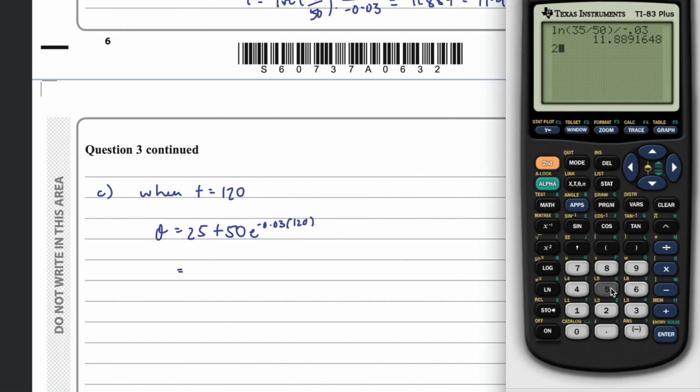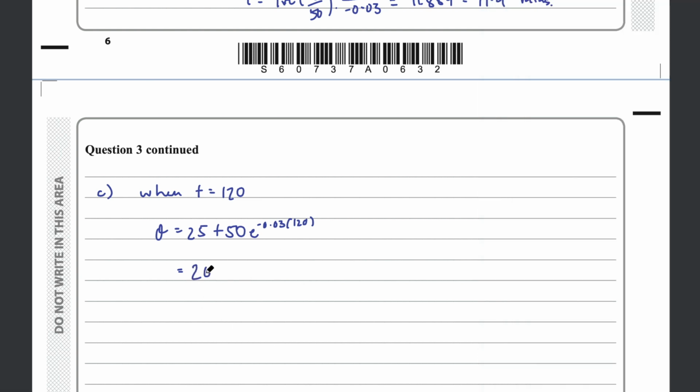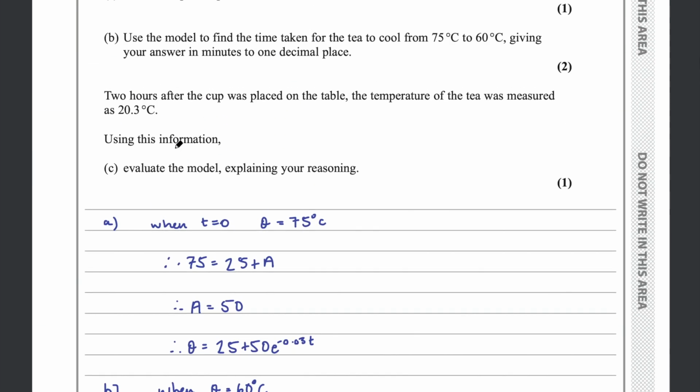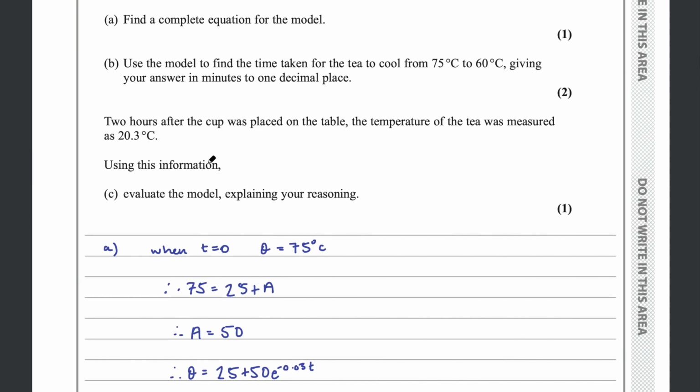So 25 plus 50 multiplied by e to the power of negative 0.03 times 120, and we get 26.36 or 26.4 degrees centigrade, and the measured temperature was 20.3 degrees.